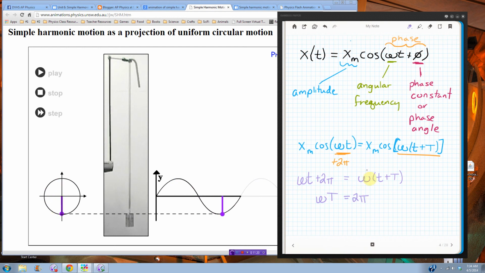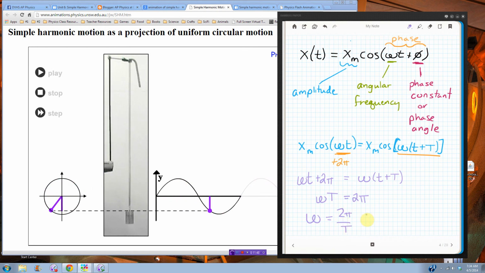All I did there is distribute this, combine like terms, and move some things around. You can figure that out yourselves. Anyways, so I get this. If I rearrange that, omega is 2 pi over the period.